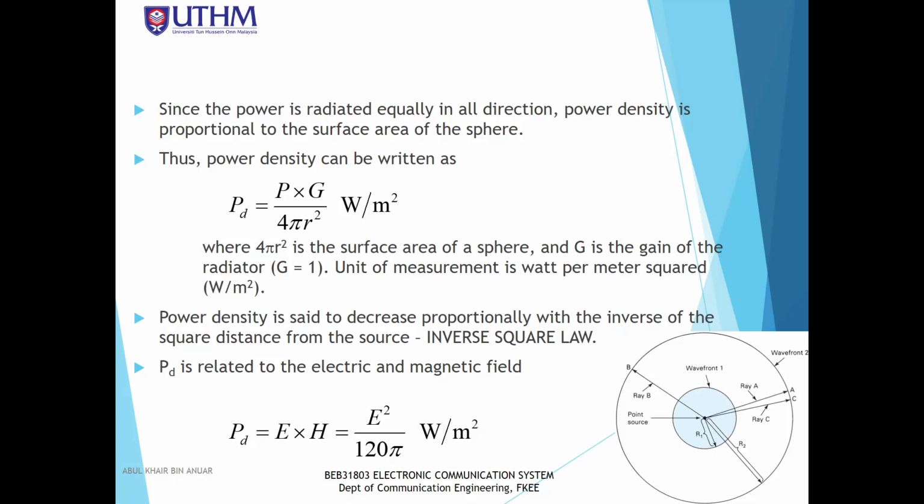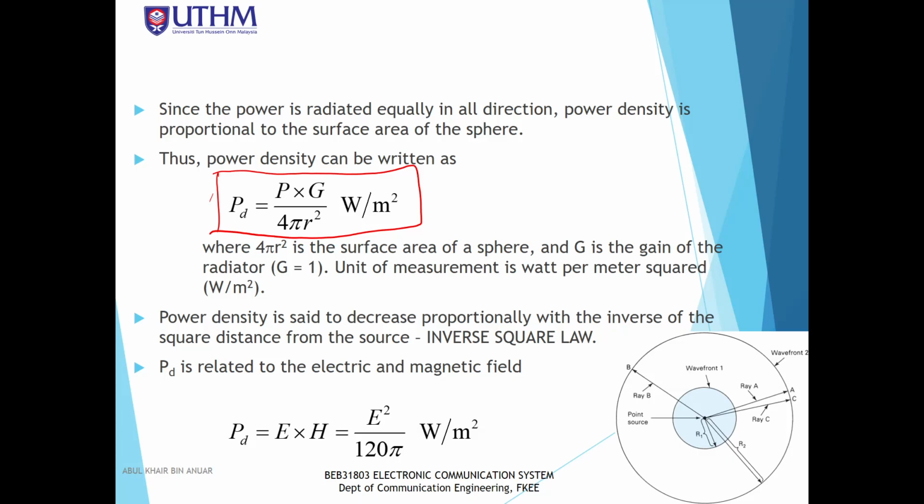This is the second equation for the power density. So power density is equal to power multiplied with gain divided by 4 pi r square. You see that 4 pi r square is the surface area of a sphere, a spherical shape.